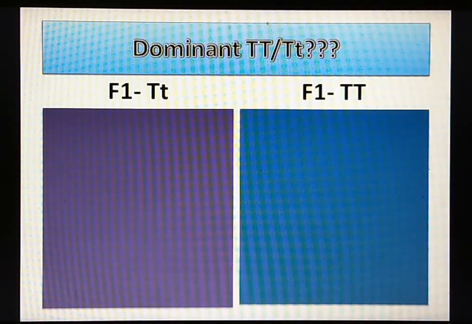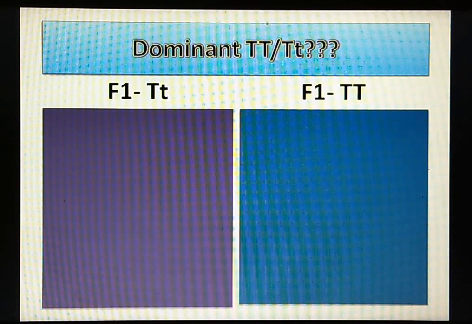So we'll take both the possibilities, that the dominant phenotype can be capital T capital T or the other possibility is capital T small t. So we have to cross these plants with the dwarf plant for that trait.